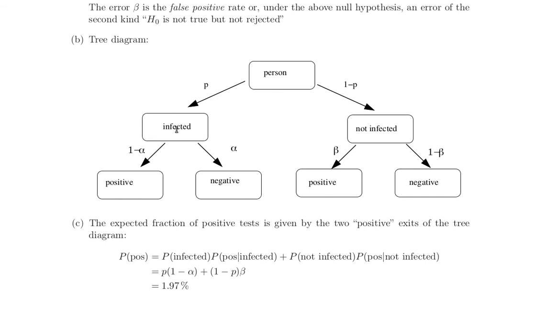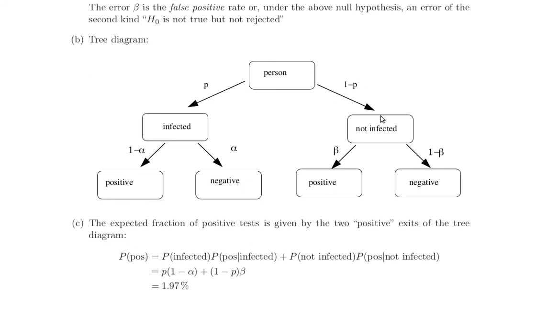Now come the imperfect tests. Remember, for an infected person, that's about the sensitivity, that means about alpha. So an infected person is tested positive with the sensitivity of 1 minus alpha, which is 98% in this case, and is erroneously tested negative with error of the first kind alpha, provided that the null hypothesis is this person is infected.